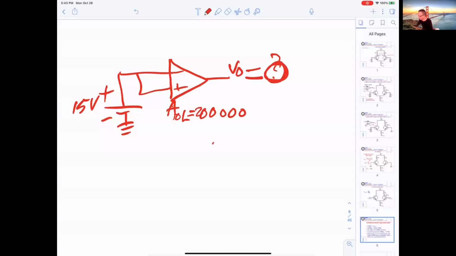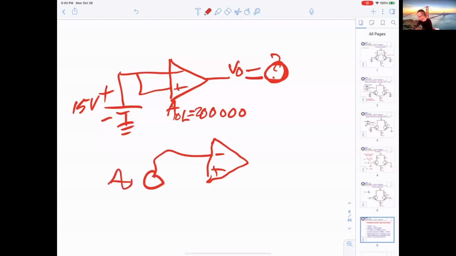And the other thing, make sure you understand the negative and positive here. This is one input and another one.